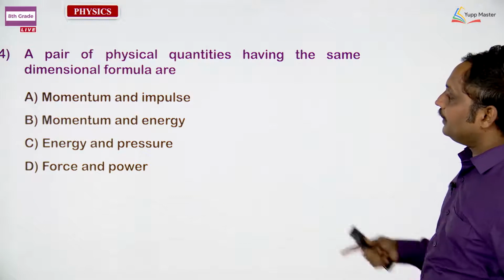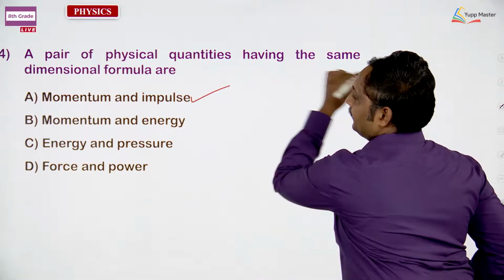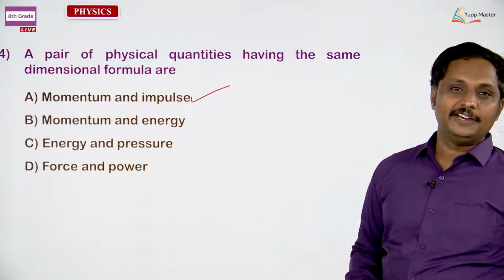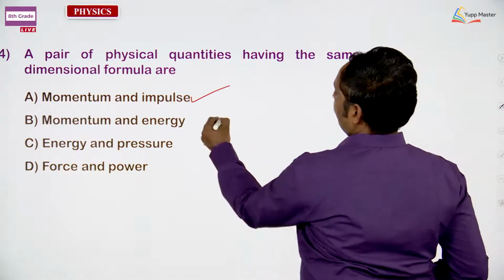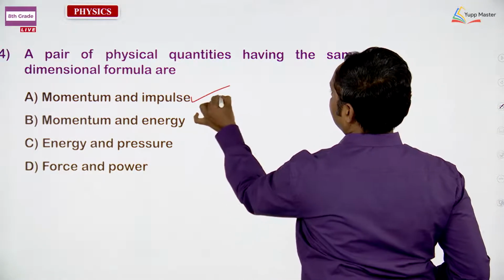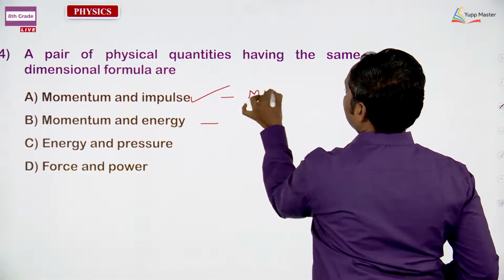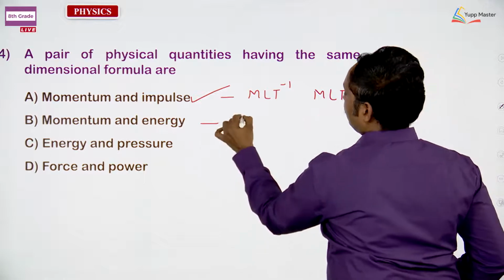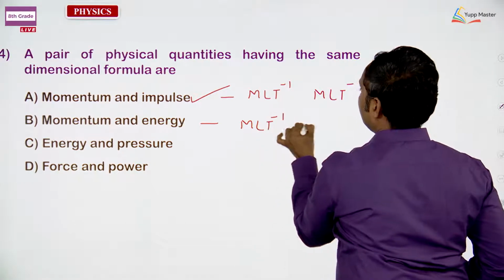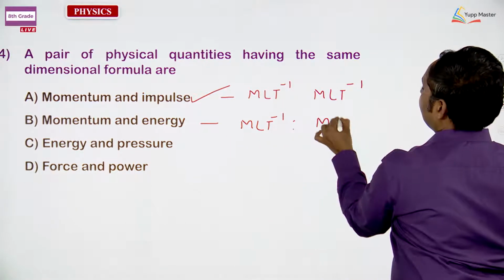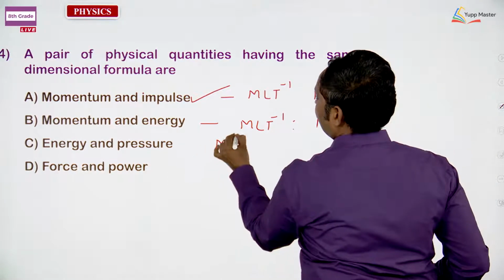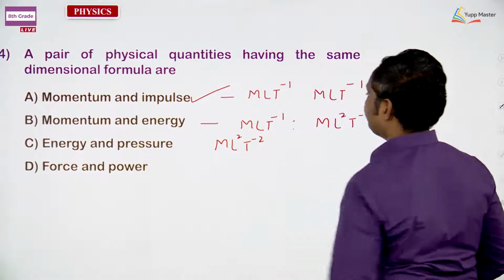Now, let us go for the answer. Momentum and energy, you can easily find out. For momentum, take these values M L T minus 1 and M L T minus 1. Energy is M L square T minus 2, and M L square T minus 2.